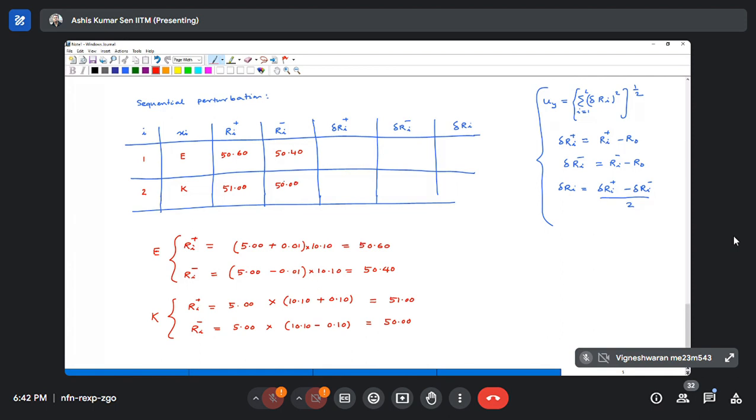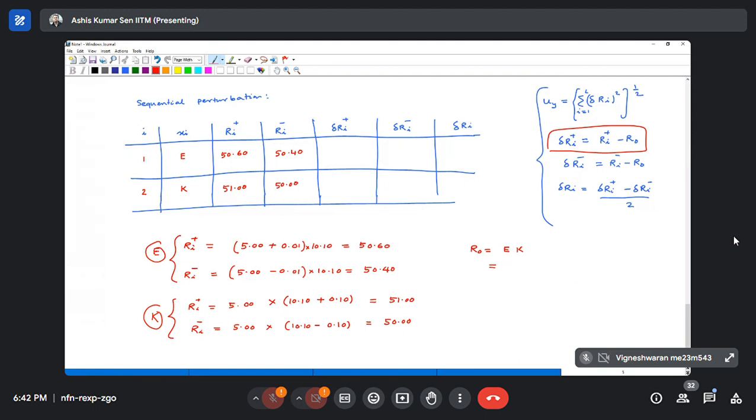So once you have found these Ri plus, Ri minus for the first variable and second variable, then delta Ri plus is basically Ri plus minus R naught. So what is R naught here? R naught is basically the nominal value, that is E nominal into K nominal.